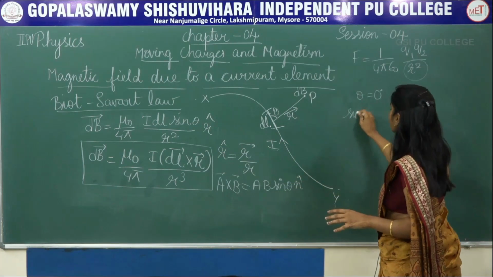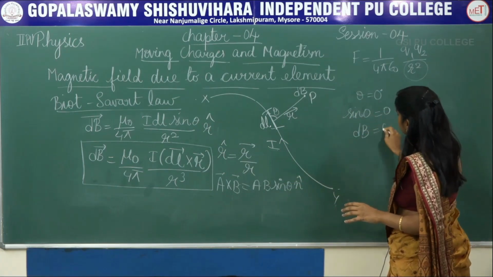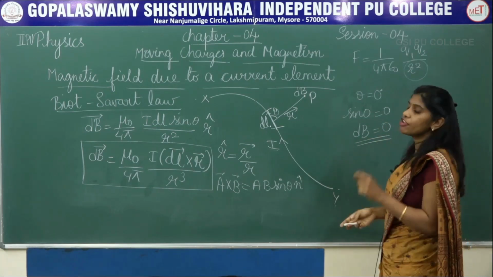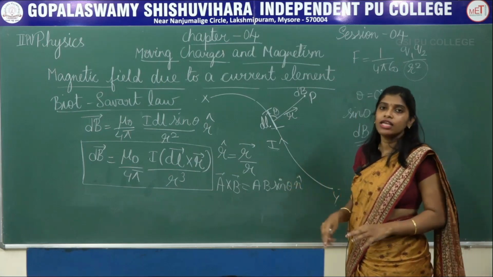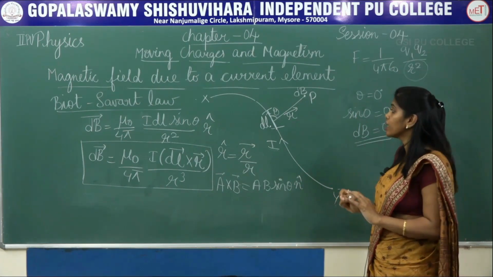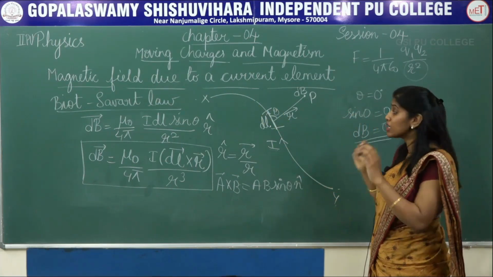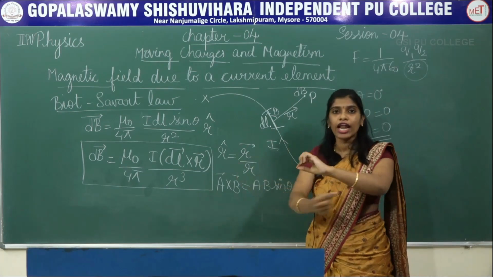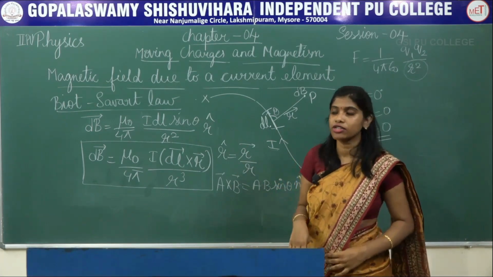Sine 0 is 0. Then the magnetic field also becomes 0. That means if you take a point anywhere on this conductor, the magnetic field there will be 0. There is no magnetic field on this current carrying conductor. So the magnetic field is produced only around the current carrying conductor and not on the current carrying conductor.